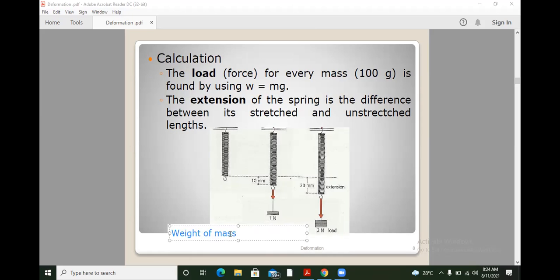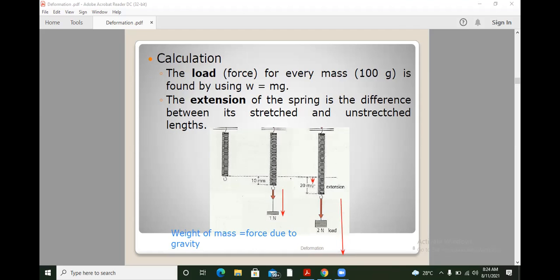And you know that this load is actually equal to the force due to gravity, because it is acting in the downward direction. Am I right? And as the mass increases, that means the force will be increased.